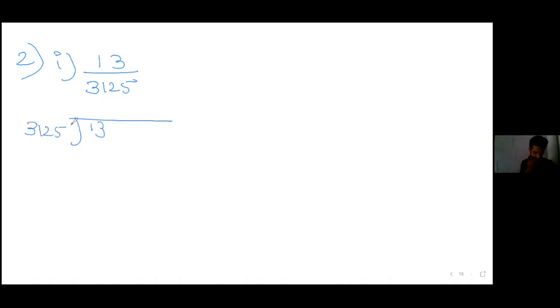I'll just do the first one, as it is terminating: 13 divided by 3125. So 13 divided by 3125, that is 0.